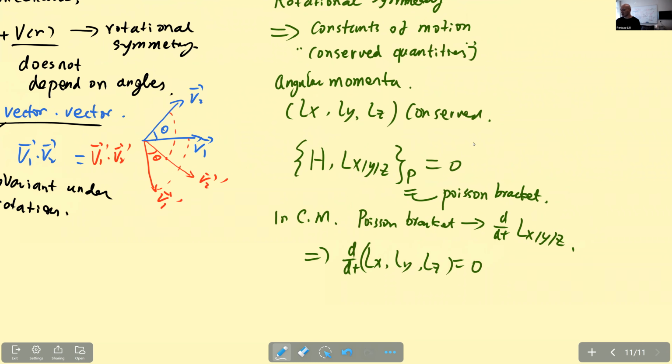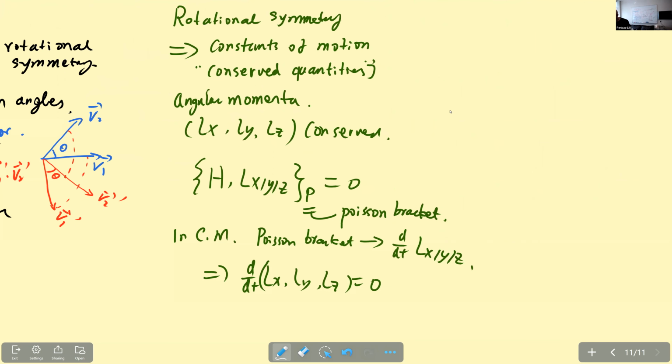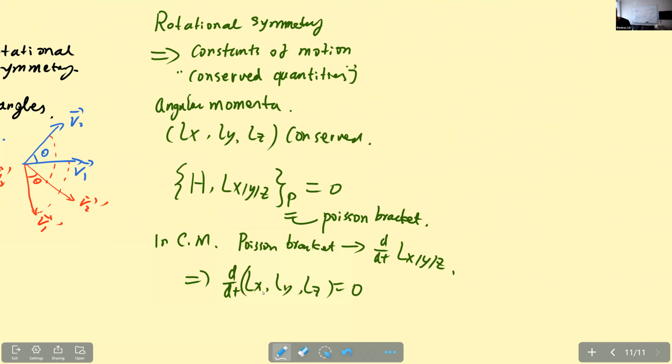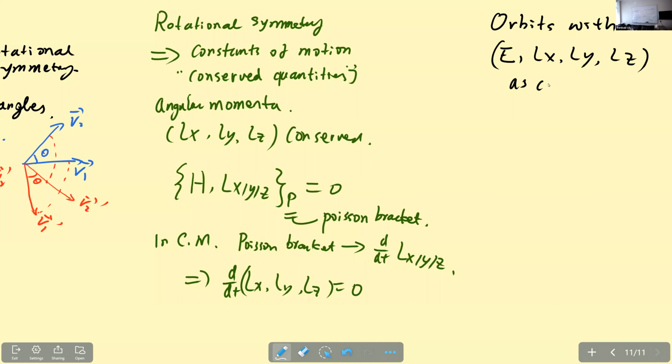So that means these are the constant motions. So you can see that you can have orbits with energy, Lx, Ly, Lz as constants.